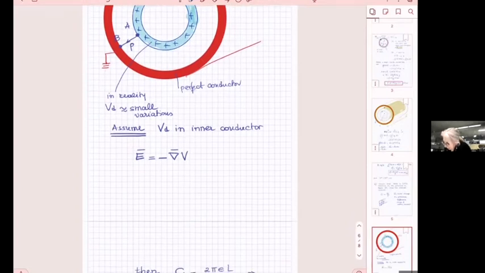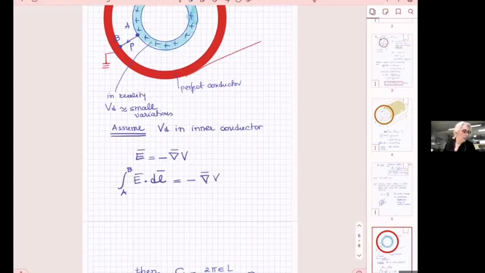We are going to integrate from A to B of E dot dl along that direction, which is going to be minus, and if there is only a rho variation, minus the gradient of V in cylindrical coordinates.